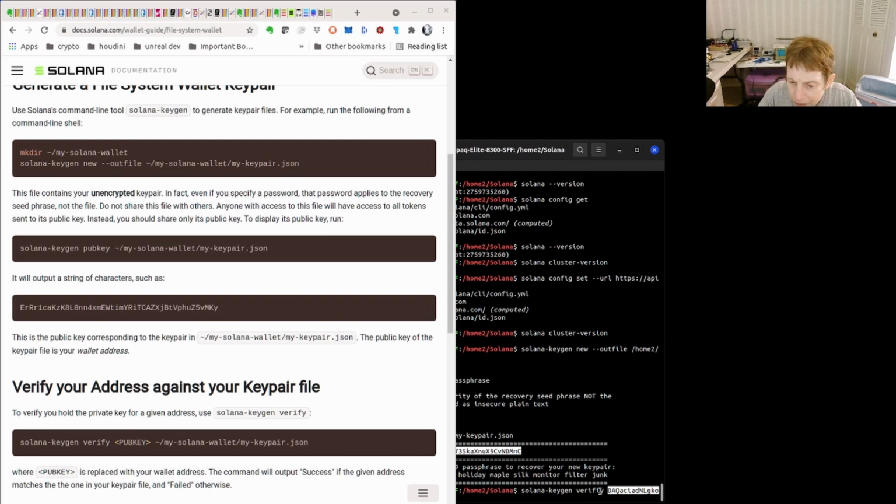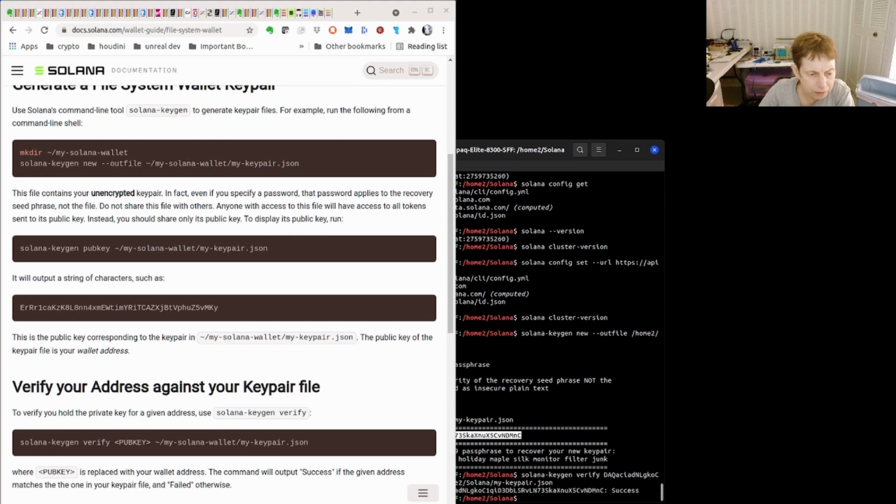I think I have an extra I in there. Let's get rid of that. And then I'm going to do ~/solana/my-keypair.json. And let's see. It said it's a success. So we have a good wallet here.